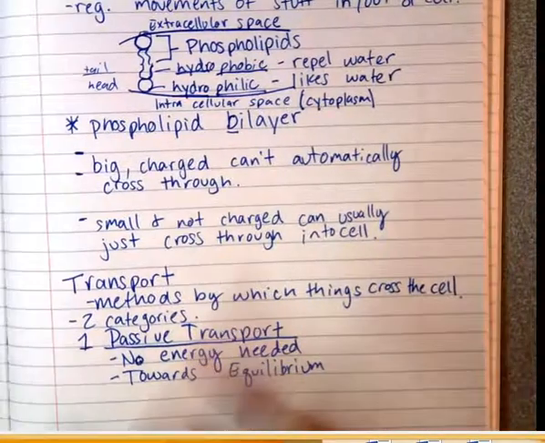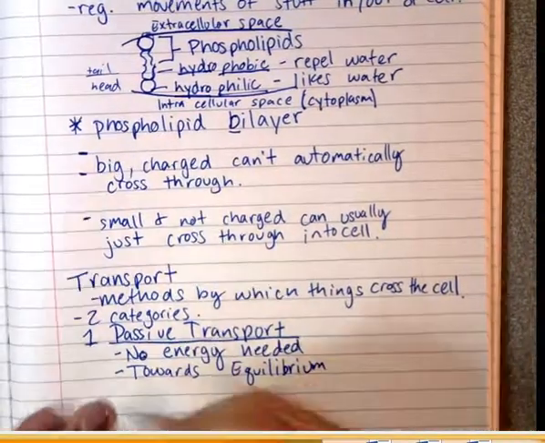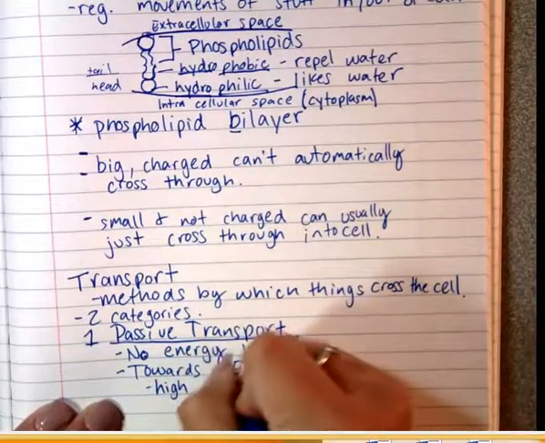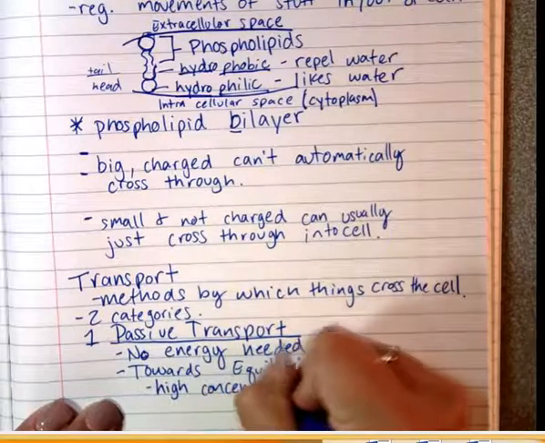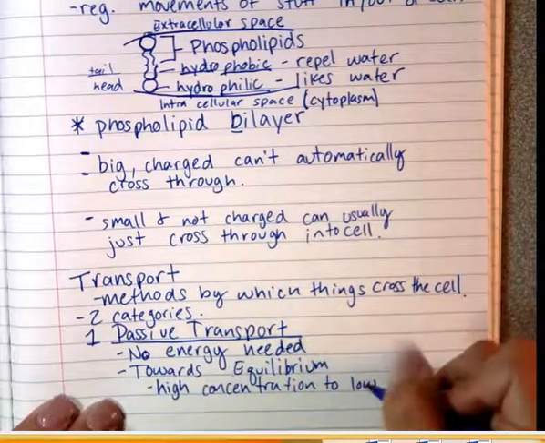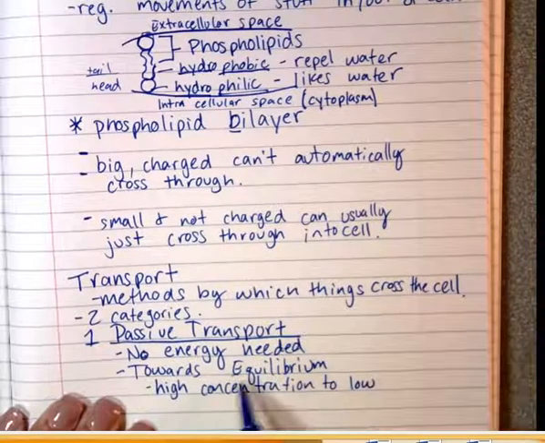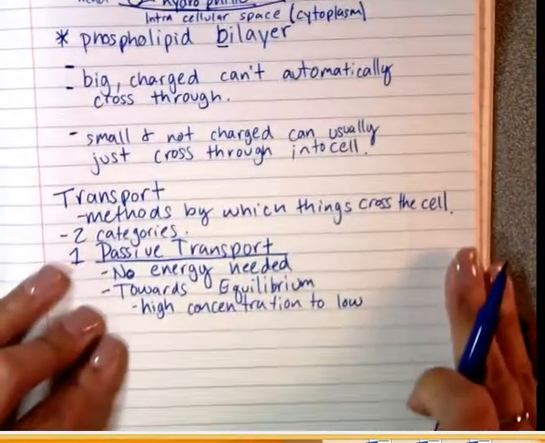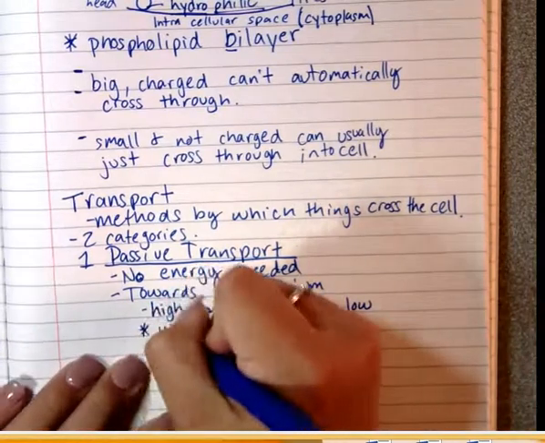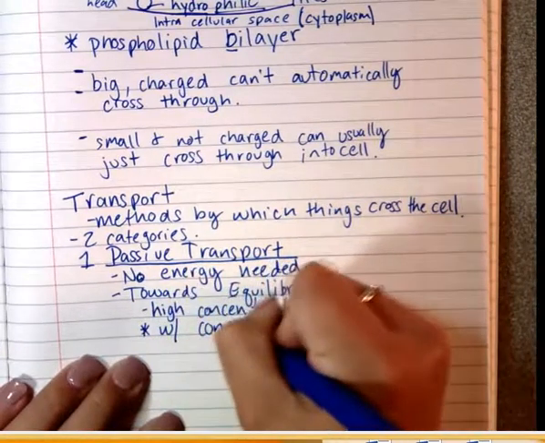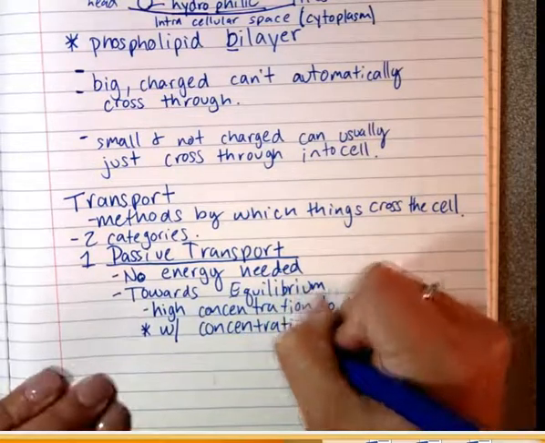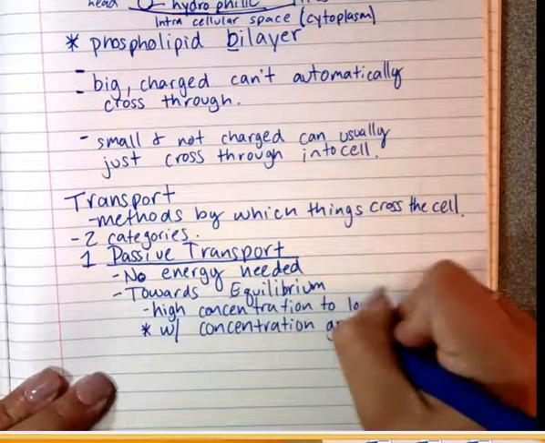It wants to balance everything out, so it goes from high concentration to low, because it wants to reach that balance, that equilibrium. We say that this goes with the concentration gradient.